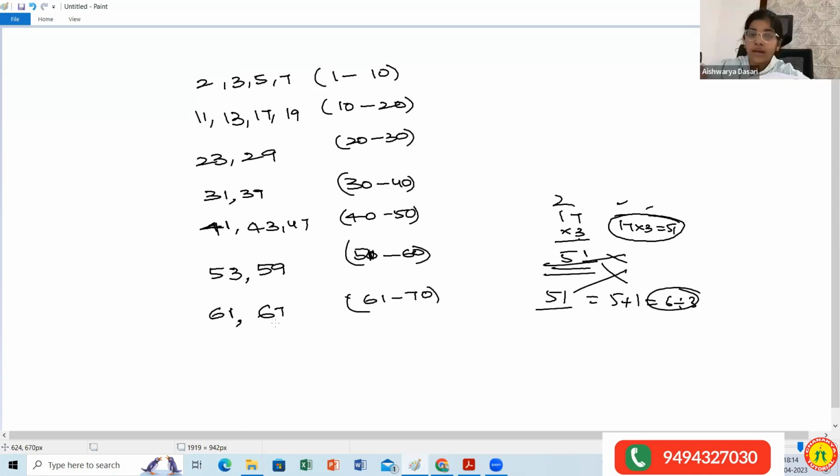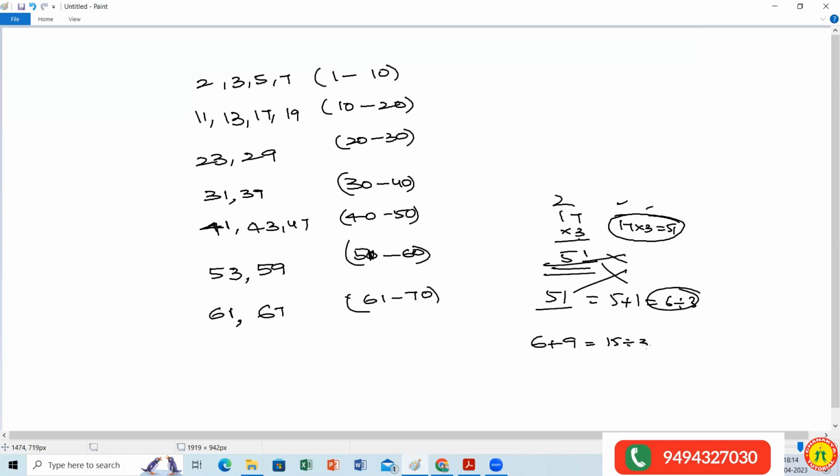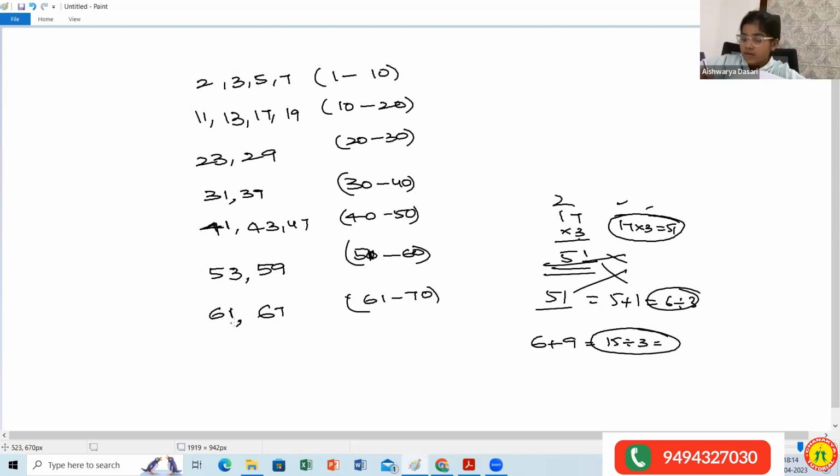That's all. And 69. 69 won't come because 6 plus 9 is 15, which comes in the 3 table. So the sum is divisible by 3, so it's not prime. Okay, so only 2 numbers, which are 61 and 67.